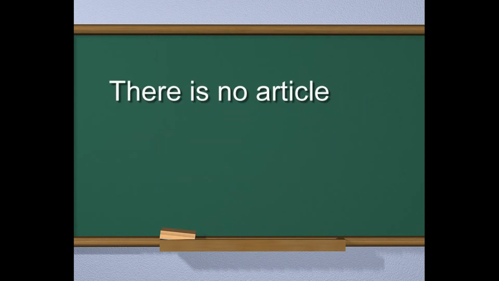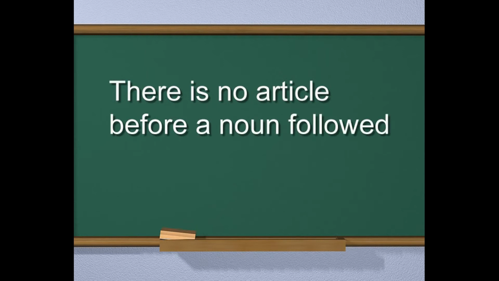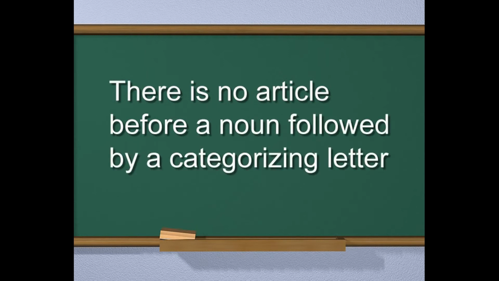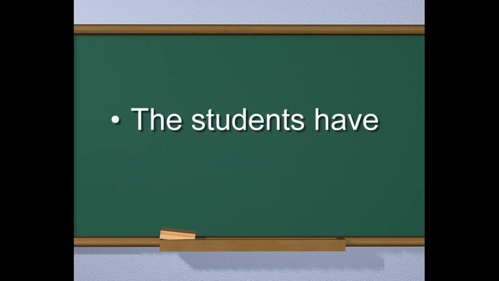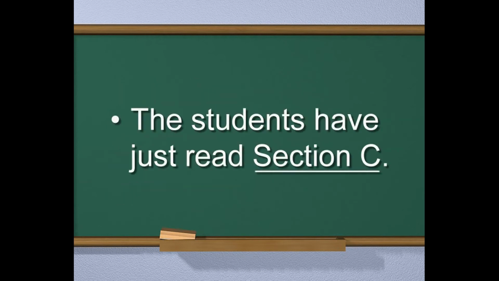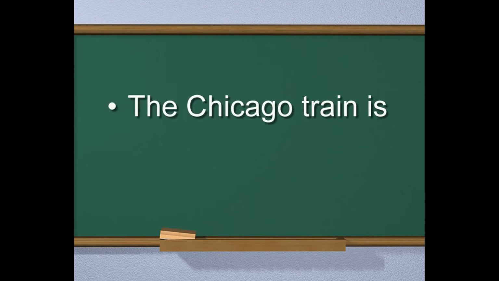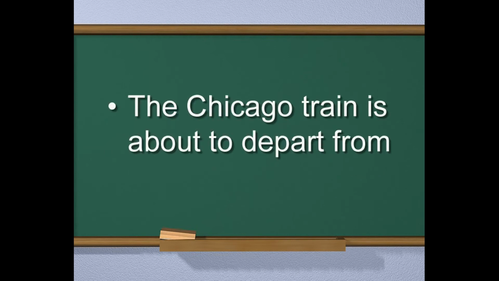There is no article before a noun followed by a categorizing letter or number. ਕਿਸੇ ਵੀ ਸ਼੍ਰੇਣੀਬੱਧ ਅੱਖਰ ਜਾਂ ਨੰਬਰ ਤੋਂ ਬਾਅਦ ਨਾਉਨ ਤੋਂ ਪਹਿਲਾਂ ਕੋਈ ਆਰਟੀਕਲ ਨਹੀਂ ਵਰਤਿਆ ਜਾਂਦਾ। The students have just read section C. The Chicago train is about to depart from track 5.